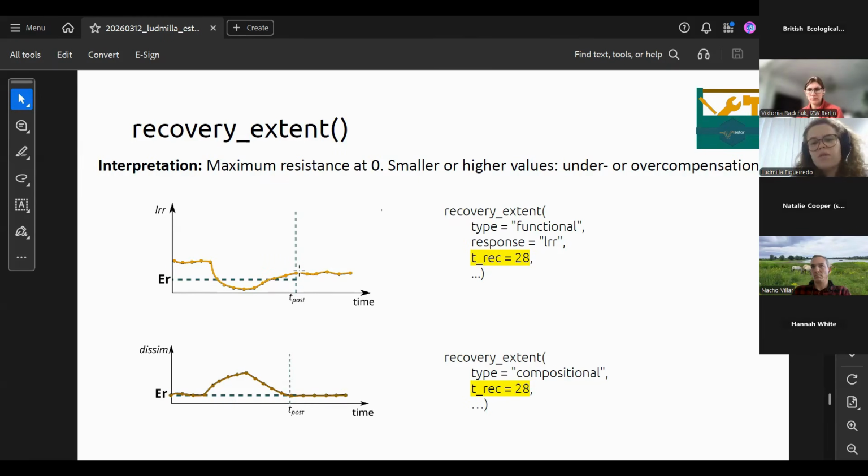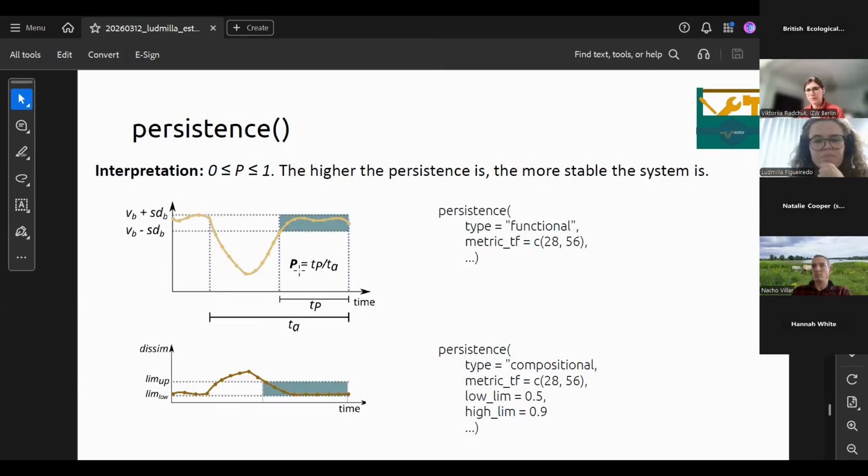There is zero difference to its undisturbed state. So this means maximum recovery. And again, if it deviates from zero, you either have a system that overcompensated by having your variable go higher, or under if it's lower than your undisturbed case.